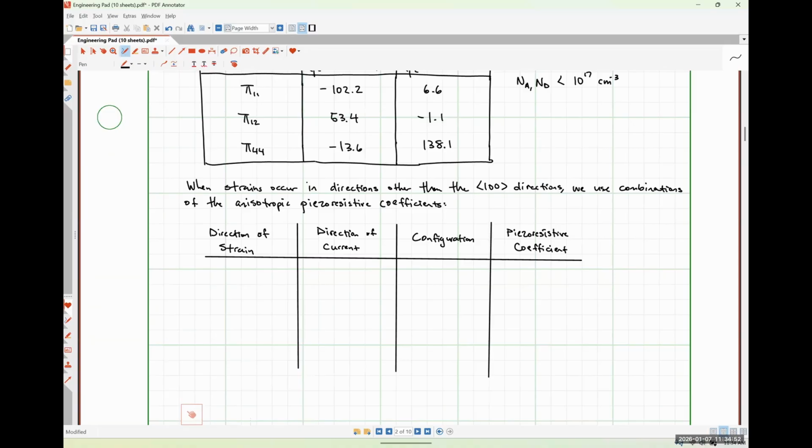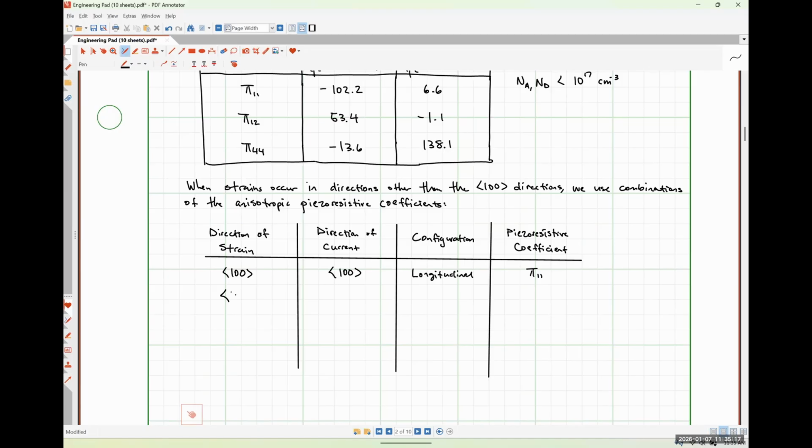So when our strain is in the 1, 0, 0 direction and our current is flowing in a 1, 0, 0 direction, we have a longitudinal configuration, and we simply use the pi11 coefficient.